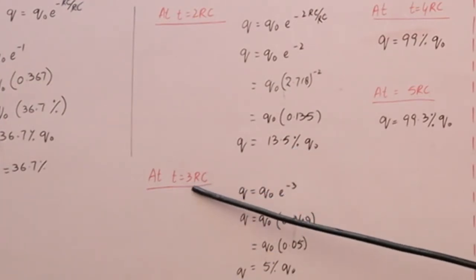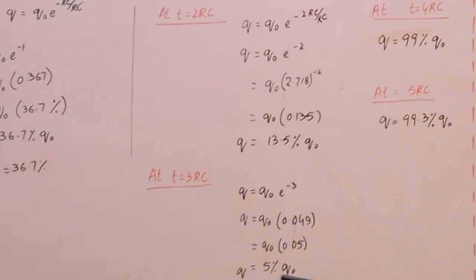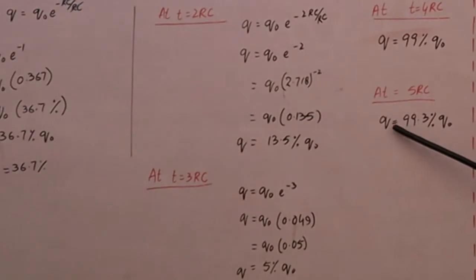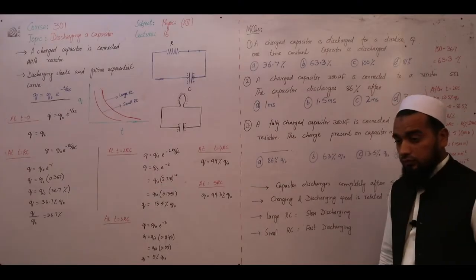What will happen after three time constants? We will get 5% of the maximum charge. After four time constants, solve it and you will get 99% of charge is lost, and after five time constants you can see that 99.3% of the charge is lost.